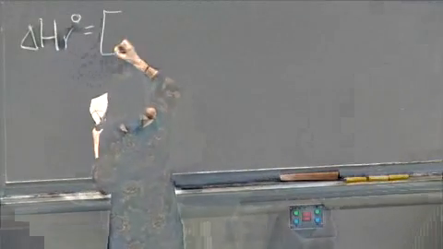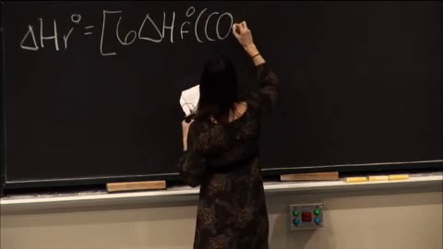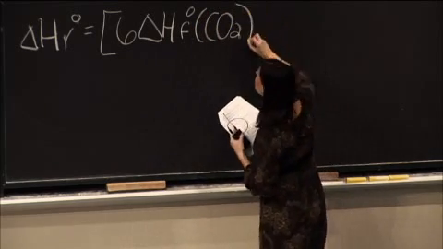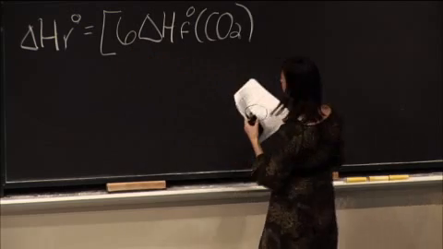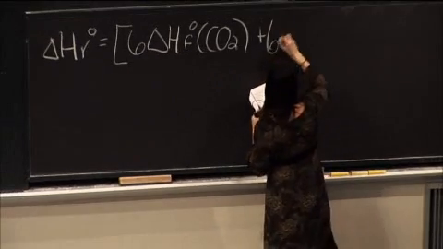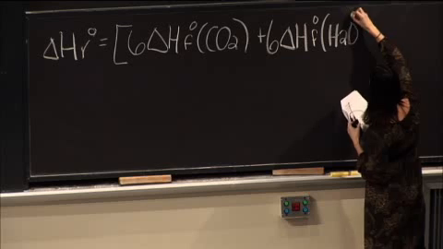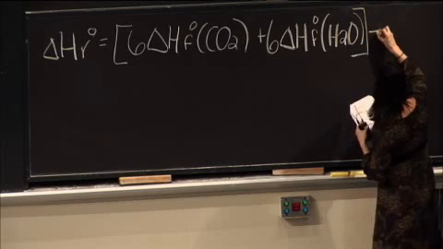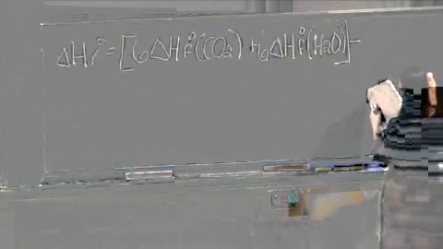what we need to take is 6 times delta H of formation of CO2, since that's in our products, we're forming 6 moles of CO2, plus 6 times delta H formation of H2O, since we're forming 6 moles of H2O, and we subtract from that the heat of formation of all of our reactants.